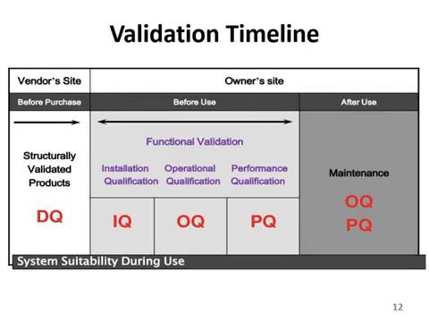Now, validation timeline. Vendor side, before purchase: a structurally validated product. Whatever he is providing you should be structurally validated, DQ, design qualification. Then owner side. Now you have got the machine. Before use, three things are important. Installation qualification, properly installed.